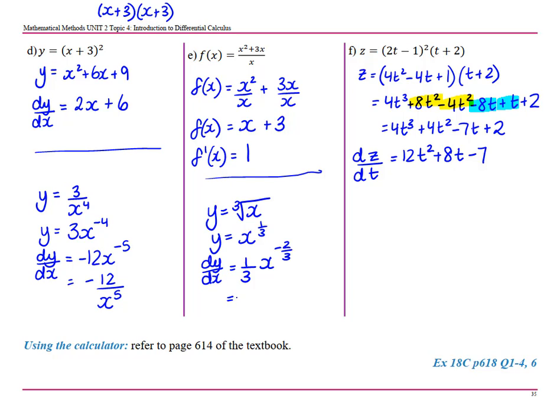To put that back in terms of a fraction with a positive power, I'd have 1 over 3x to the 2 over 3, which I could rewrite as 1 over 3 the cubed root of x squared. So that's bringing in your index laws. So just be careful of that. It's not specifically in the subject matter, but you should know how to do it. It would definitely be considered an unfamiliar question.